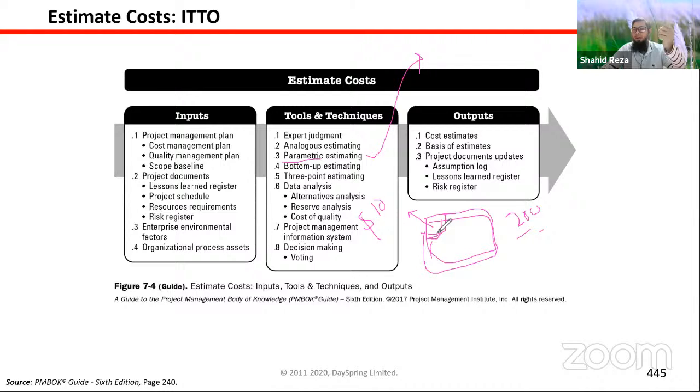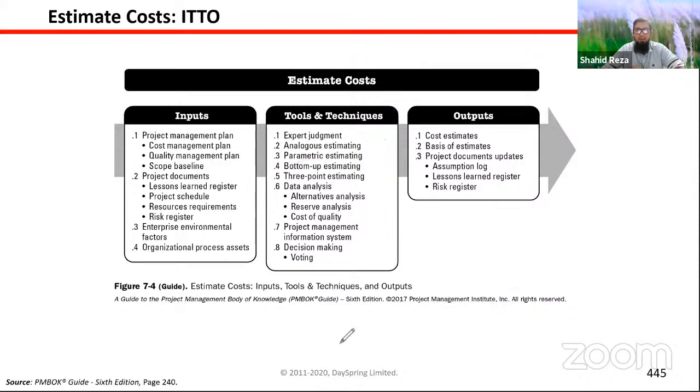Easily you can calculate from here. If we multiply by 200, we can easily find out it will take $2,000 to put all the new tiles in this floor. So that is known as parametric estimating.